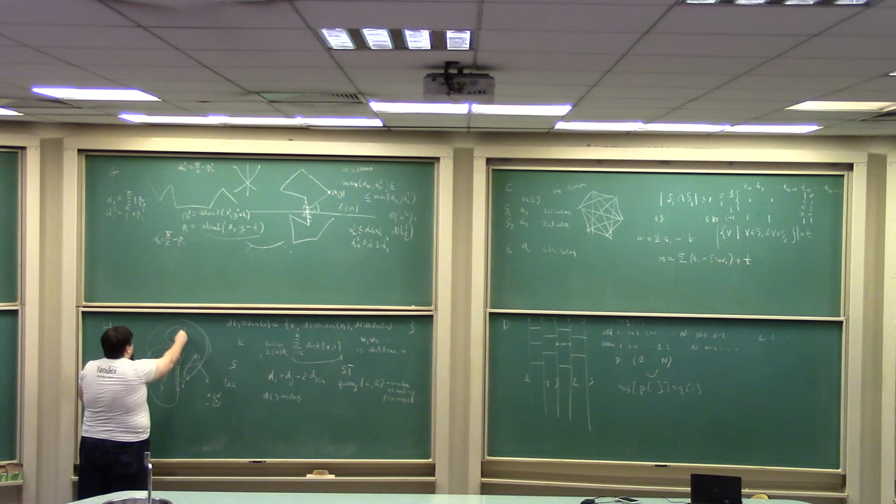And so when we add this vertex to this part of the tree, now there are more vertices in this part than in this part.